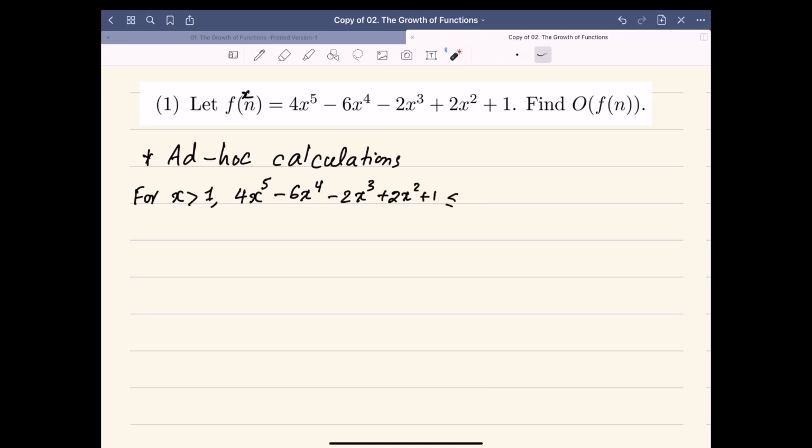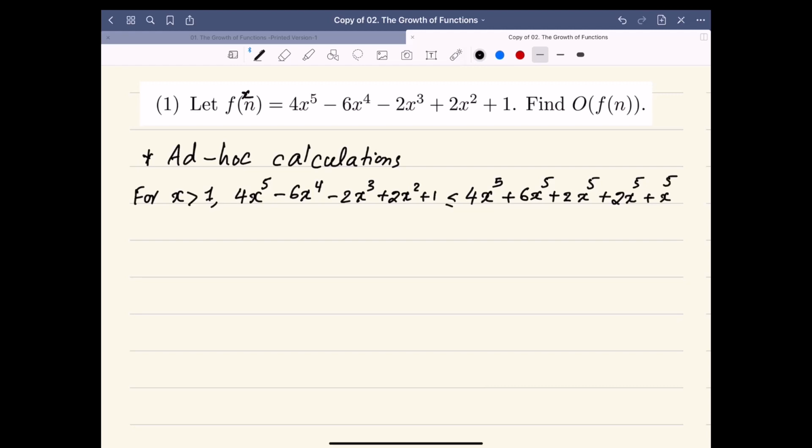Now every term, keep the dominant term as it is, 4x raised to power 5, and now minus 6x raised to power 4 will be replaced by 6x raised to power 5, minus 2x raised to power 3 will be replaced by 2x raised to power 5, and 2x squared will be replaced by 2x raised to power 5, and finally 1 will be replaced by x raised to power 5.